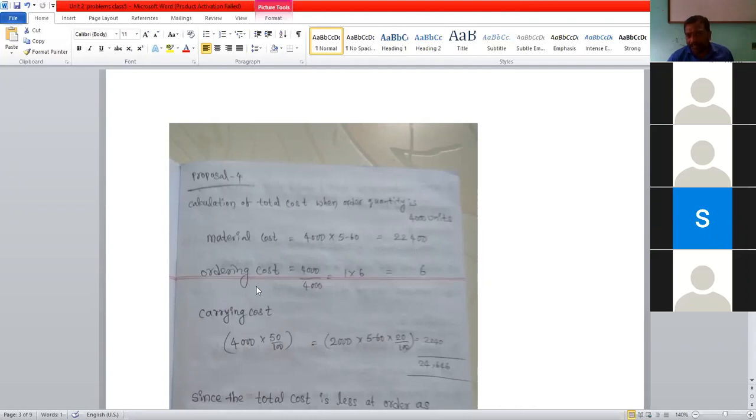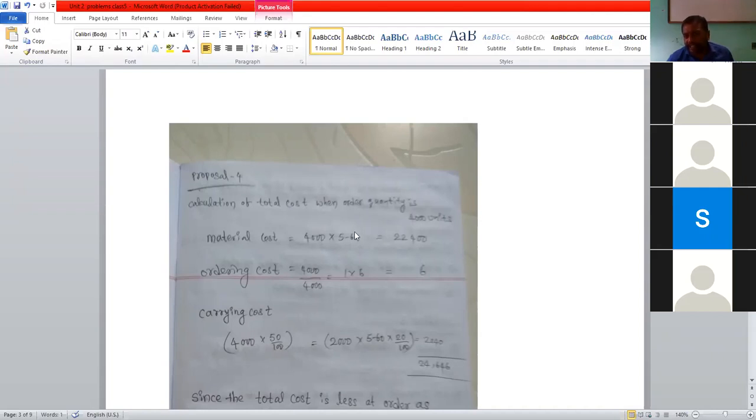And ordering cost: you would like to give the 4,000 in one order. Total 4,000 quantity required, so you give order of 4,000, ante okate order lo total 4,000 units you are going to get. Per order he has given in the question is 6 rupees. So 1 into 6, you are getting 6. And carrying cost, the average of the total 4,000 units means you will get 2,000.